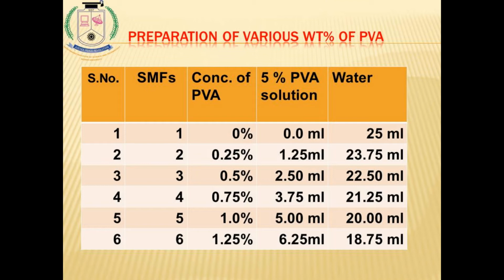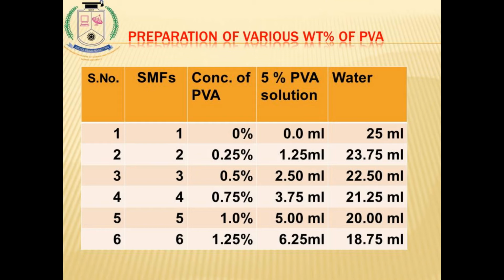With these proportions, we will get 0.25%, 0.5, 0.75, 1, 1.25% of PVA respectively. Okay. For the preparation of various weight percentages of PVA, we have to mix 5% PVA solution and water in these proportions.